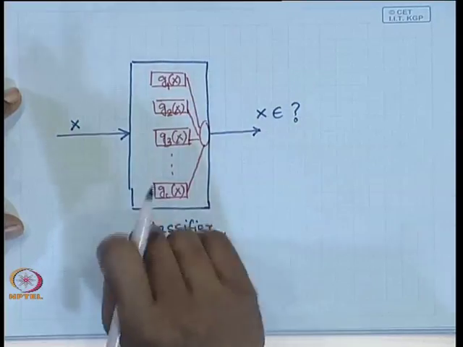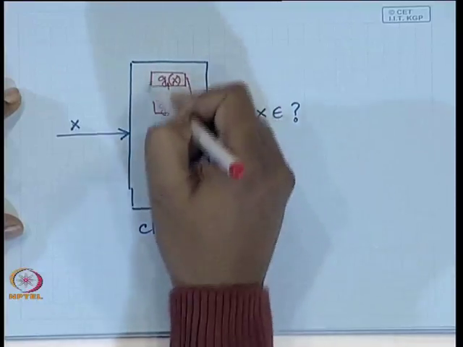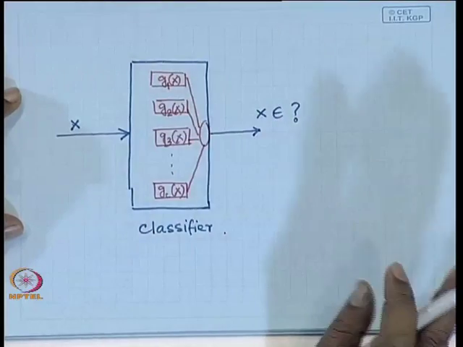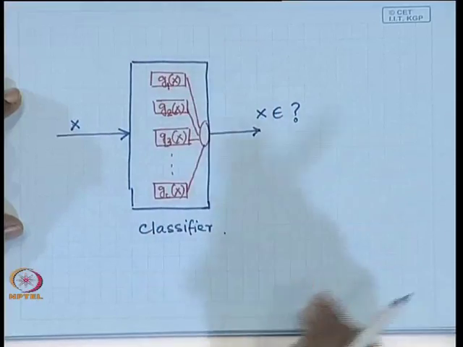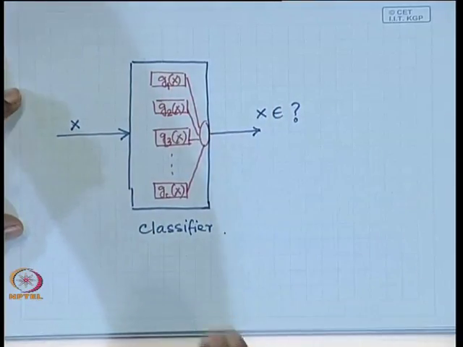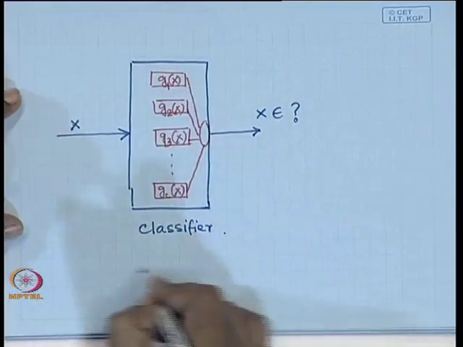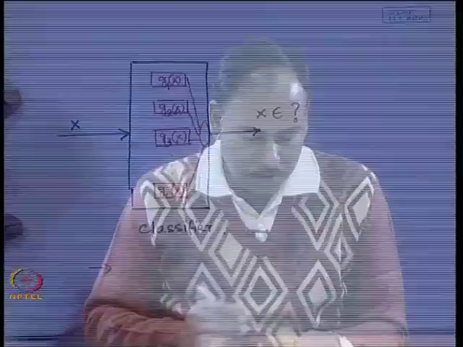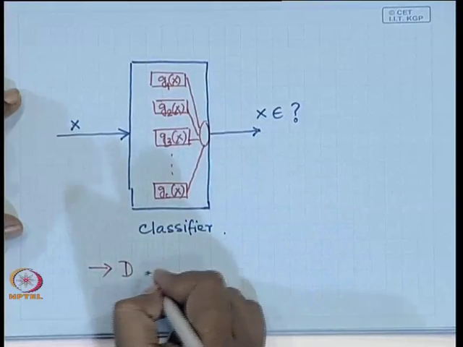Now, if I put a generalization that I will always compute the maximum of these functional values, then out of these C number of functional values, whichever functional value is maximum, I will put x into the corresponding class. These functions are what are called discriminant functions.